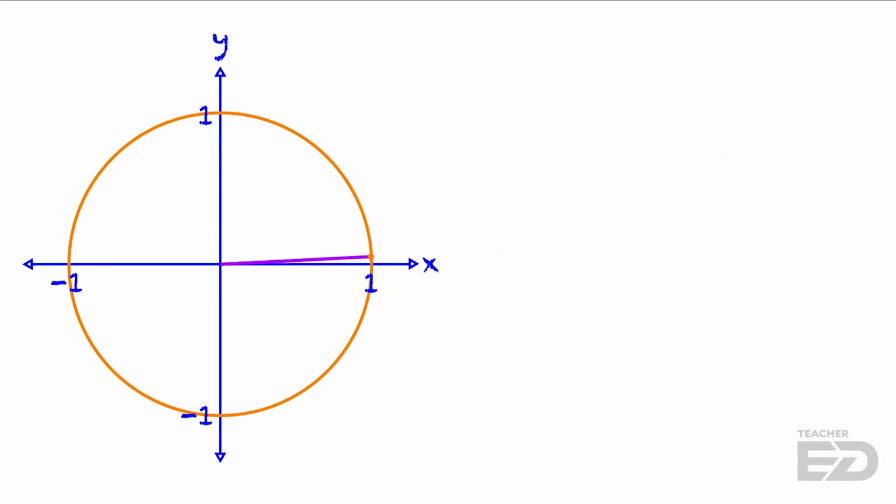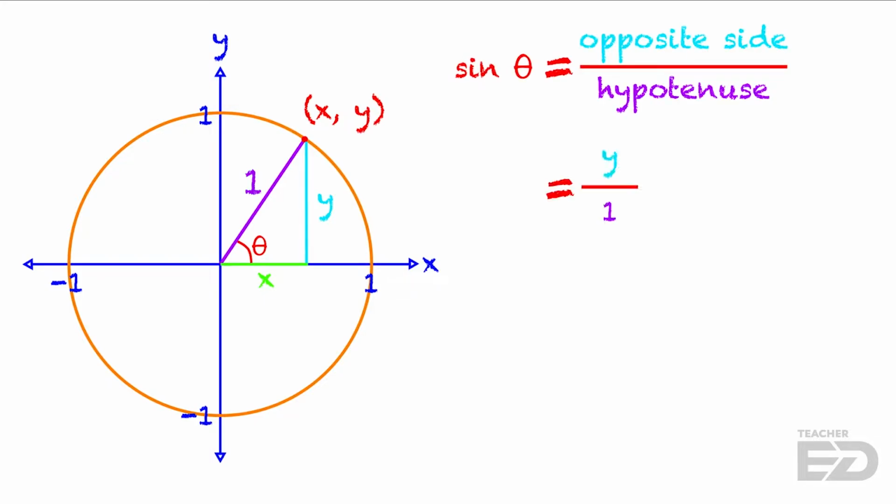When we move the radius around the circle, we have a point that we call x and y. If we draw a line from the point to the x-axis, and then back to the origin, we create a right triangle with the angle theta closest to the origin. As we know, the ratio of sine is opposite over hypotenuse. So we can work out that sine of theta is equal to the y-coordinate.